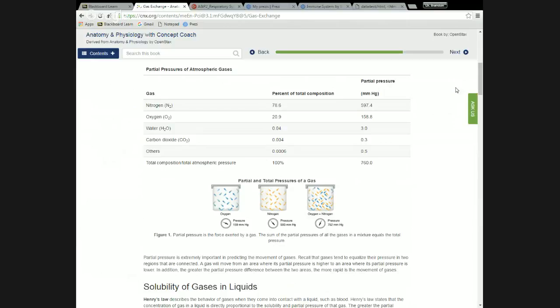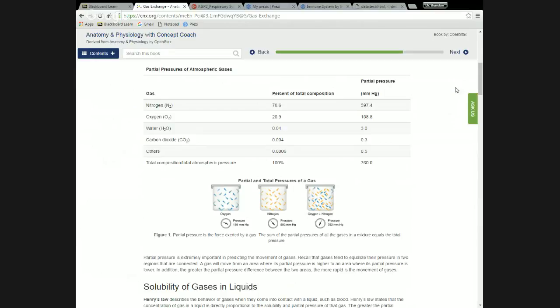We'd be able to establish that the air we breathe is 78.6% nitrogen, 20.9% oxygen, 0.04% water vapor, 0.004% carbon dioxide, and 0.0006% other stuff, like carbon monoxide and argon, which adds up to 100%.